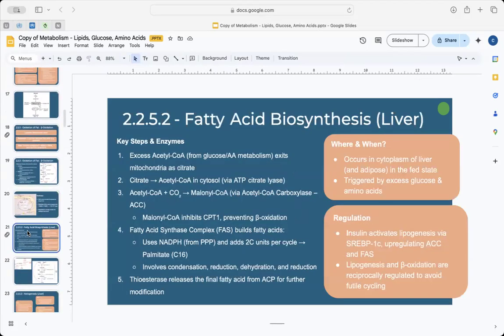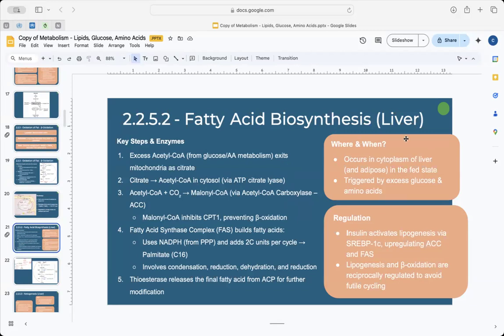The next thing to be aware of is fatty acid biosynthesis in the liver. Again, apologies for all the text on the slide and the lack of animations to break that up a bit.